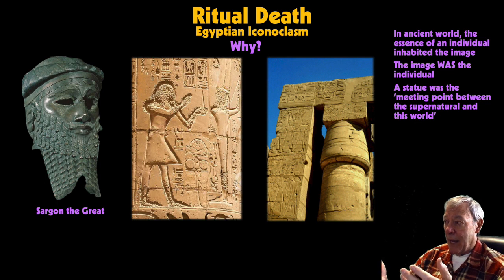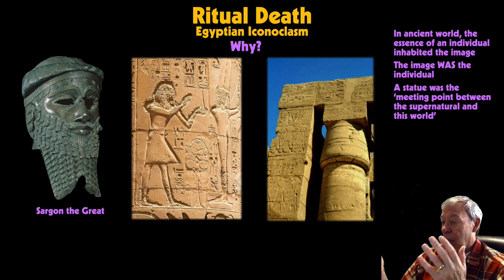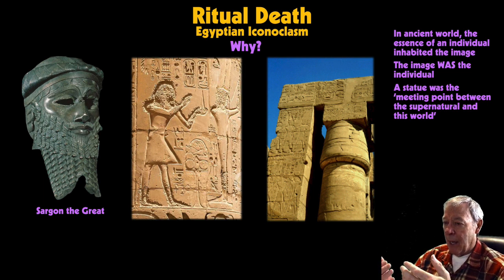And the answer to that is related to the statements that I've just made about the image being the individual in some indefinable sort of way. So the damage to the sculpture was committed on this piece after Sargon was long dead, a century after his death. So what would be the point of doing that?